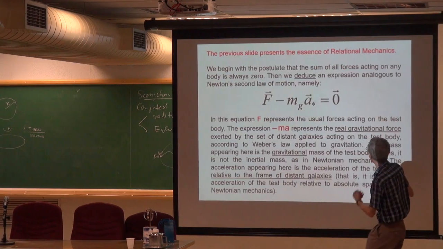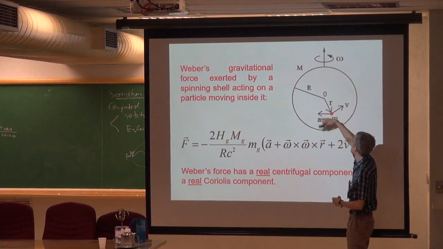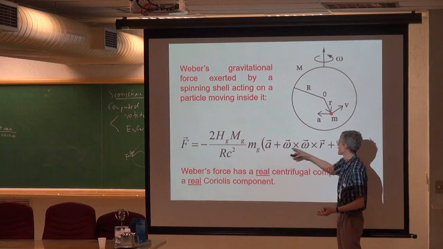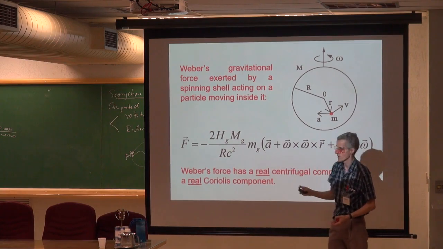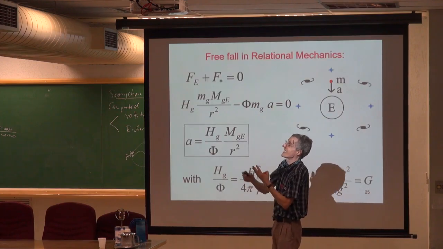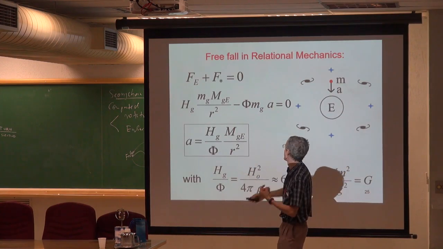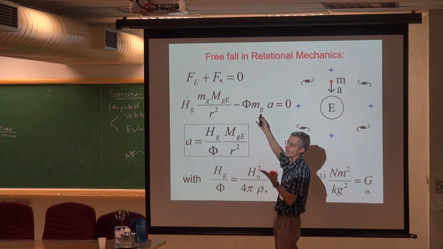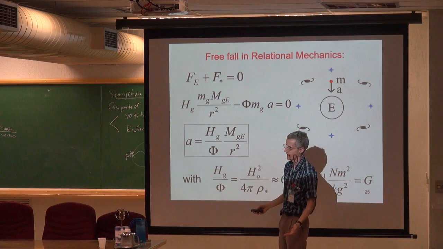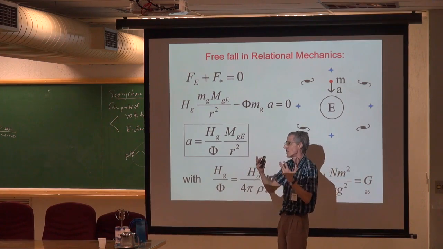If I make the calculations with the universe spinning, the force is no longer minus ma. It appears another component. So my question is, is it the same as Newtonian? No, but you do get 9.8 meters per second squared as the acceleration of the apple. But the interpretation is not the same.